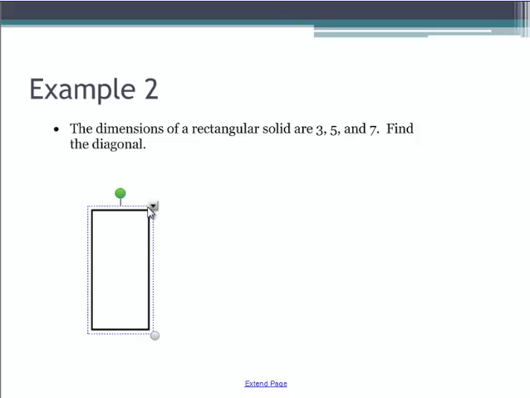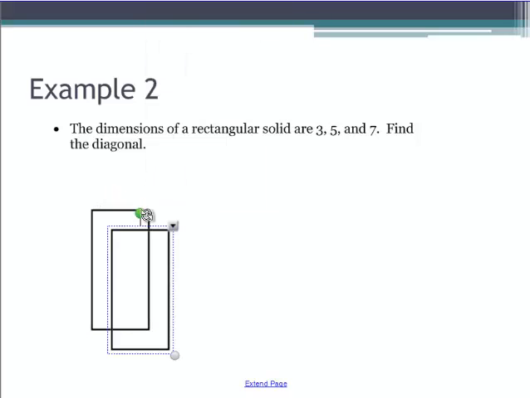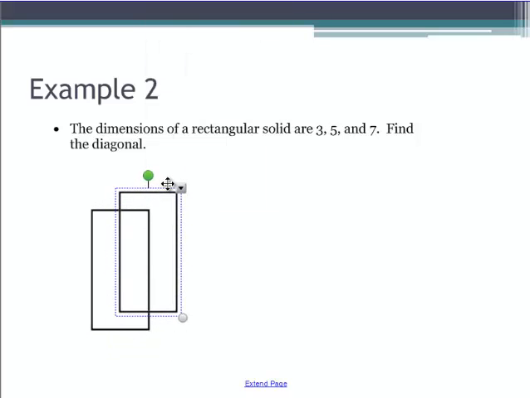So then this way I can use this shape that is drawn to scale. Okay, and let me draw in these sides. So now we have a rectangular solid, and my goal is to find a diagonal which connects opposite corners.